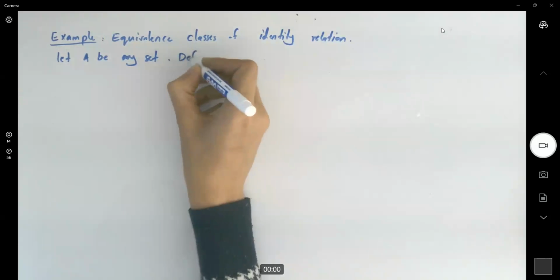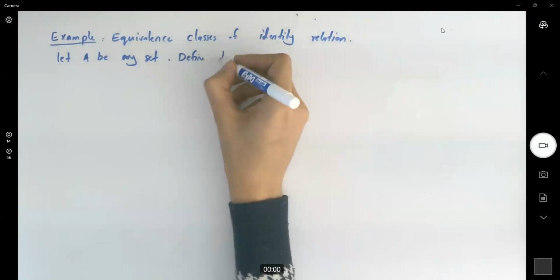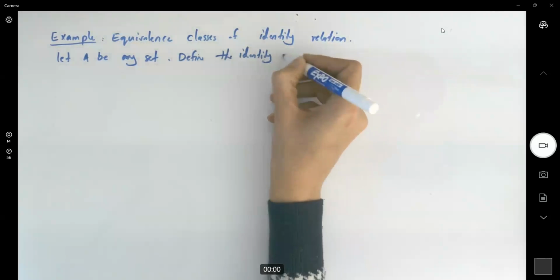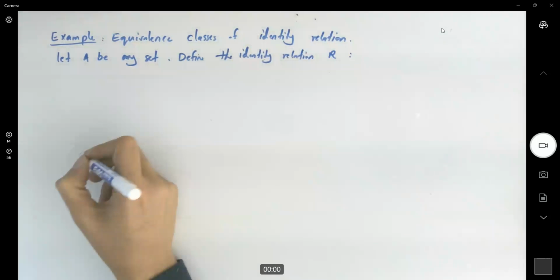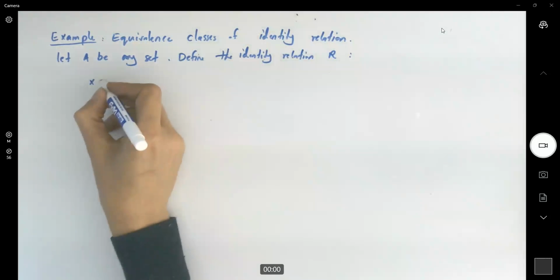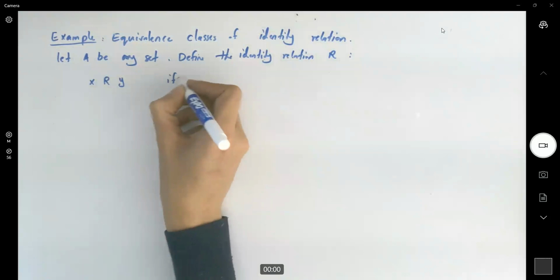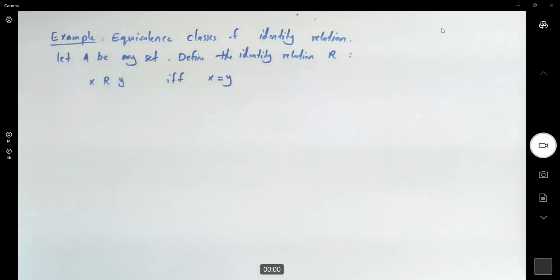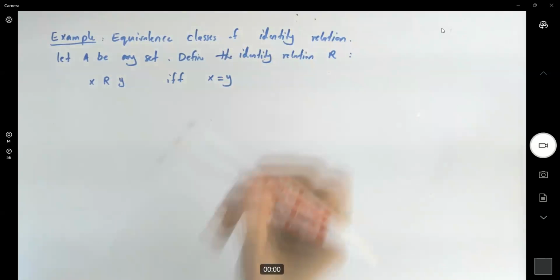We define the identity relation as follows. We say that X is related to Y if and only if X is equal to Y. So equality is just the identity relation.